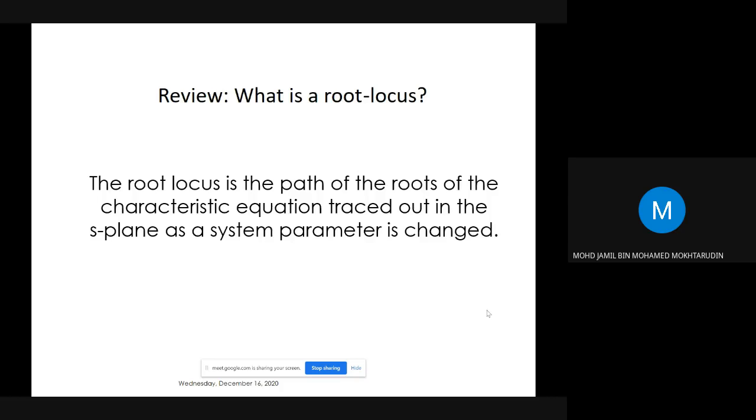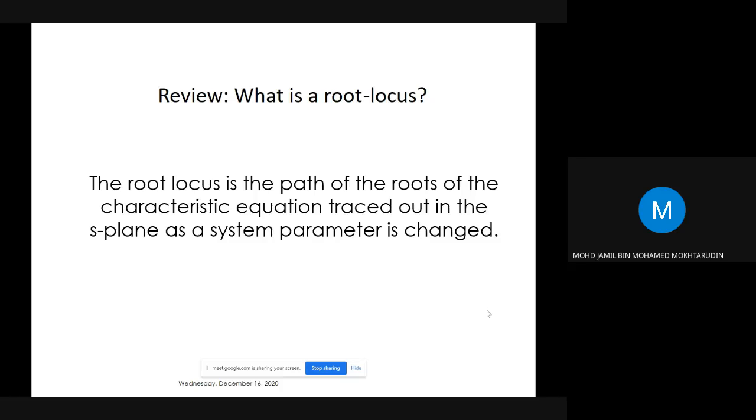When you find the roots of the denominator and plot them in the S-plane as you change the value of k, you will get the root locus. So basically it is the plot of the poles when you vary the gain k.